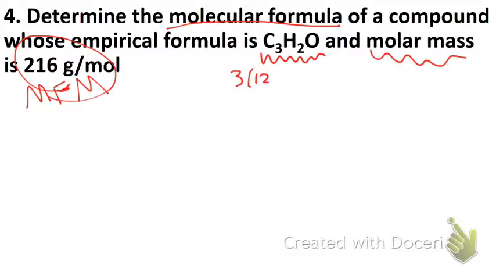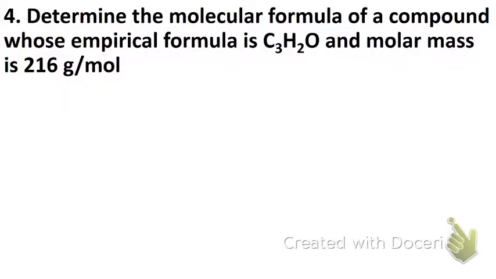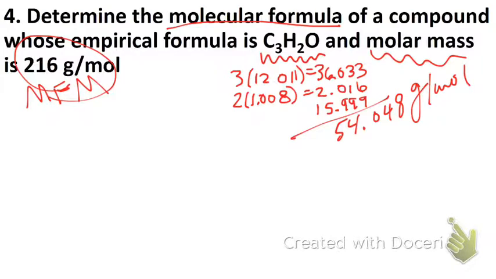3 times carbon, and actually, okay, I just went ahead and did that because you don't need to watch me do every single step of that molar mass. So I added up 3 C's, 2 H's, and 1 O, and that got me 54.048.